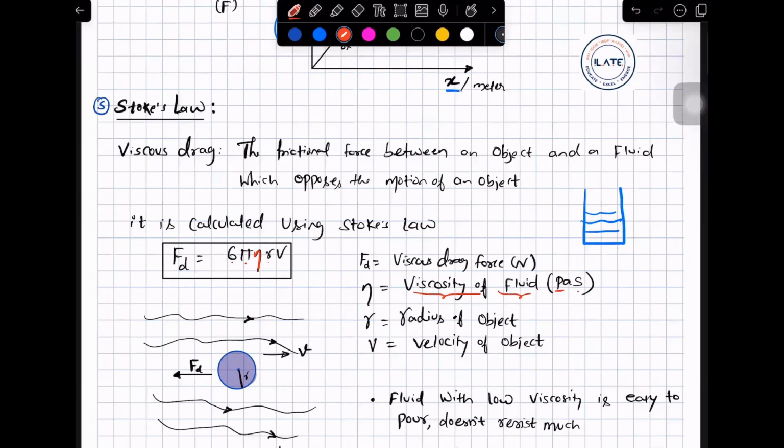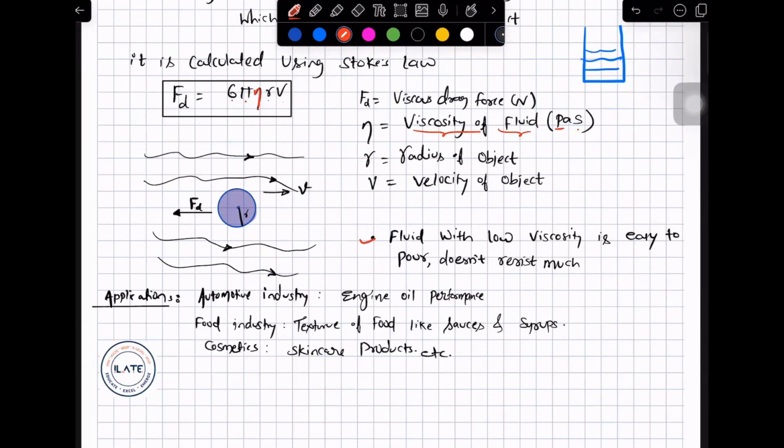You can do the unit analysis. A fluid with low viscosity is easy to pour and doesn't resist such motion.